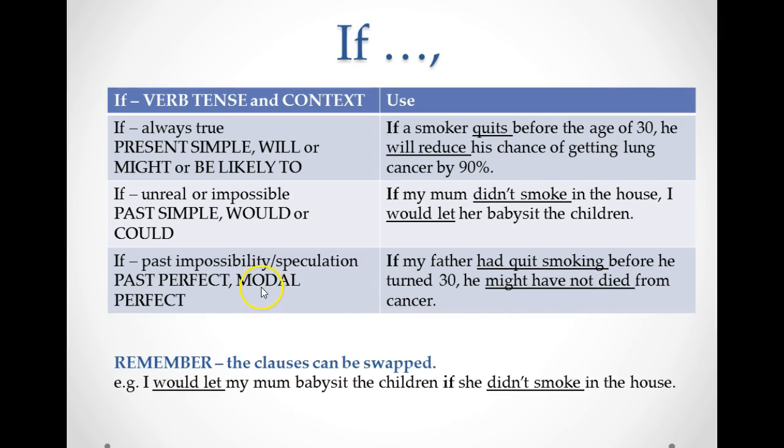This is modal perfect. Now remember, I need to do conditional grammar in a different presentation. I'm just showing you these if sentences to highlight that if is very useful to describe cause and effect.